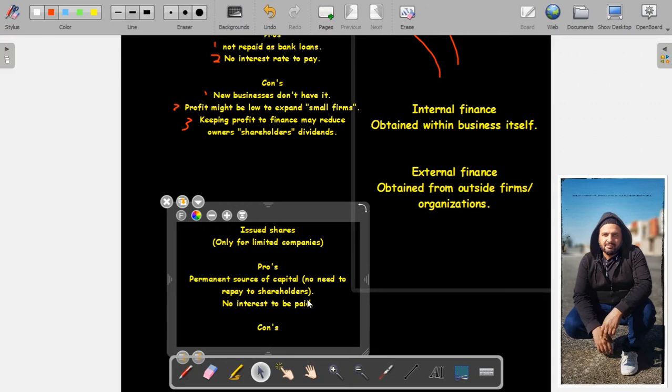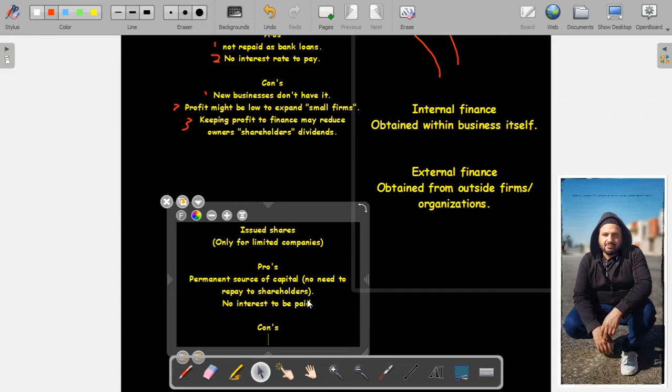Also, shareholders will always expect some kind of dividends, which can be annoying to a business manager. And number 3, the company's ownership could change hands if many shares are sold. You will lose control because more people are buying shares, and if they buy more shares, they will control the business with a higher percentage.